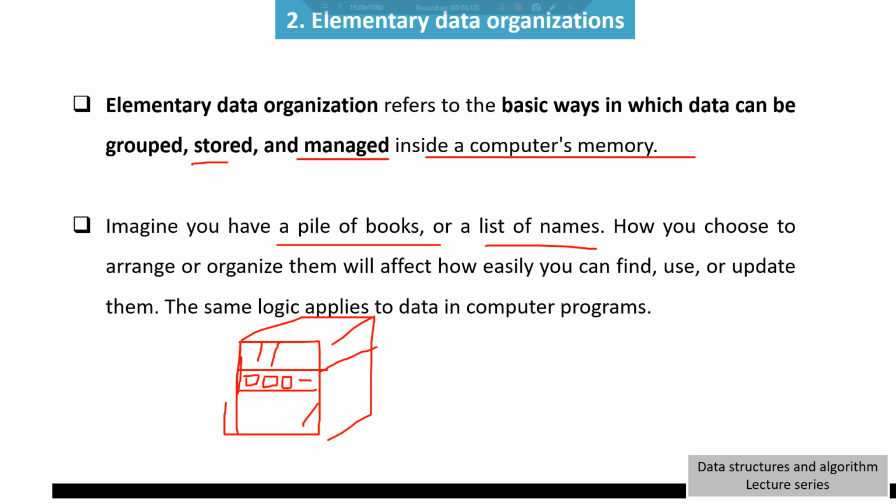Then there is separate compartment for keeping bottles. Then there can be a separate compartment for keeping fresh vegetables. So if you arrange your items in this fridge as per this, it will help you for easier finding it, easily using it, and easily adding or removing items from the fridge, right? The same logic applies to data in computer programs as well. So you have to systematically group it, store it, and manage it.